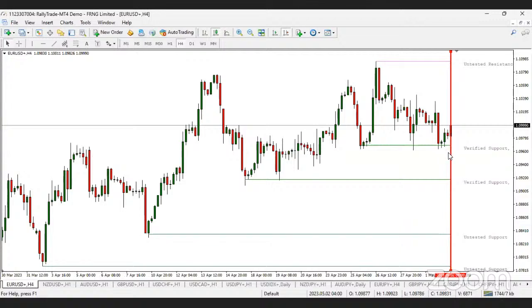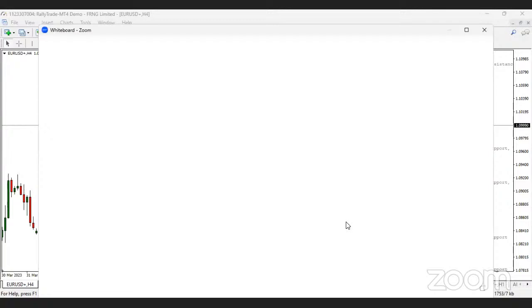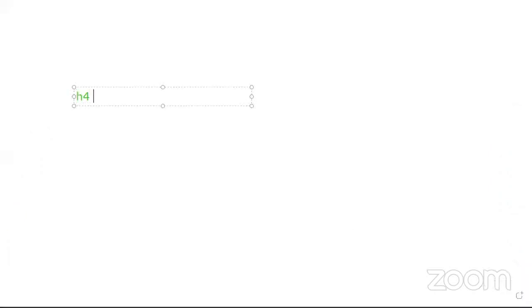So what can we see from the H4 time frame? On this H4 time frame, we just have to establish structure. So we are going to follow this footstep for all of the setups. On the H4, we are going to establish structure. On the H1, we're going to establish trend.